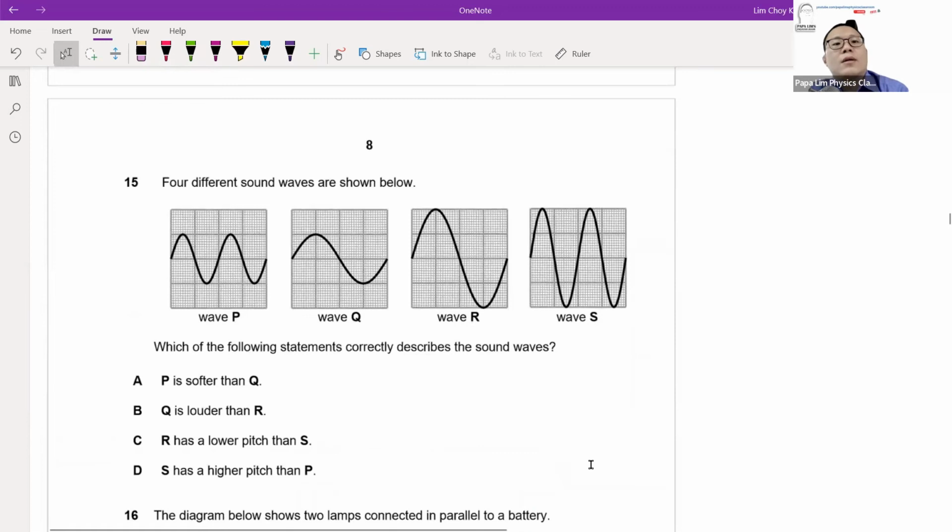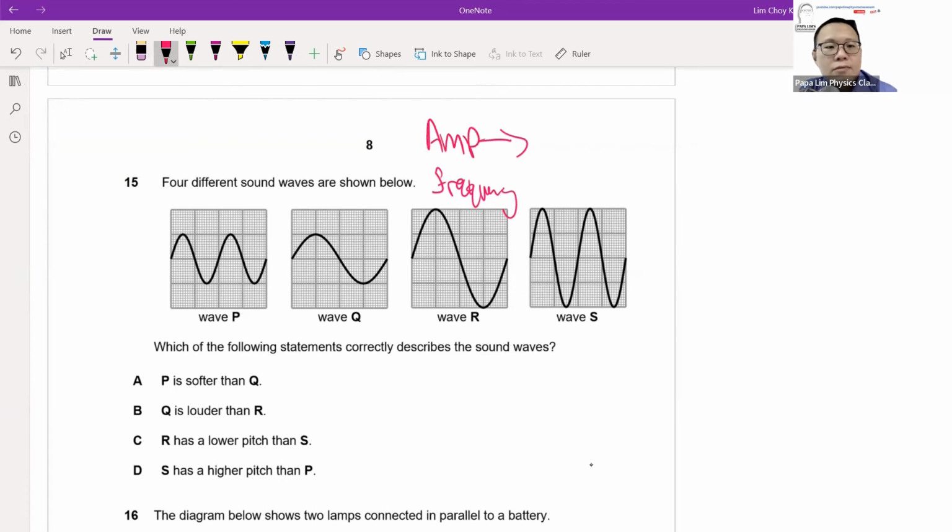Frequency. Sound wave, like I mentioned before, for this particular topic, when we are looking at the waveforms, we are looking at two things. We are looking at the amplitude of the waves, followed by the frequency. Amplitude of the wave means from the equilibrium position all the way up to the crest. There is your trough.